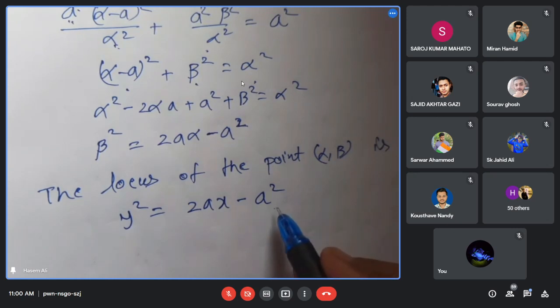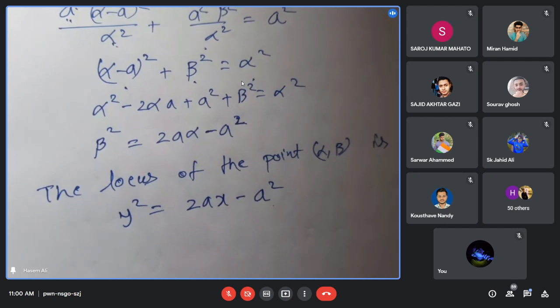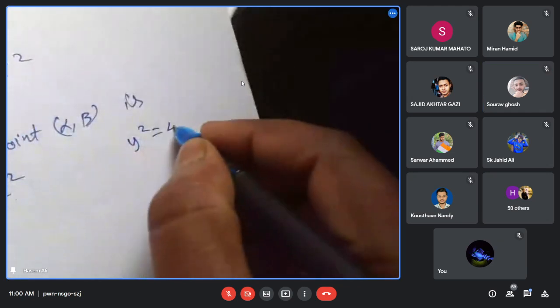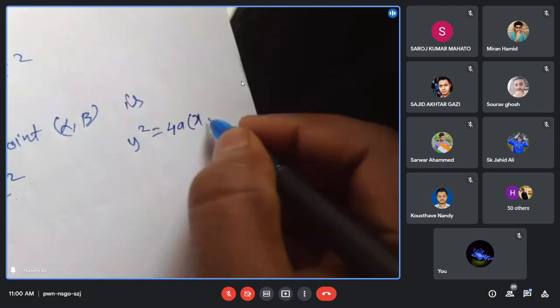Y square equals 2ax minus a square. Which equation is this? Sir, parabola. Yes. This is in the form y square equals 4a x minus alpha.